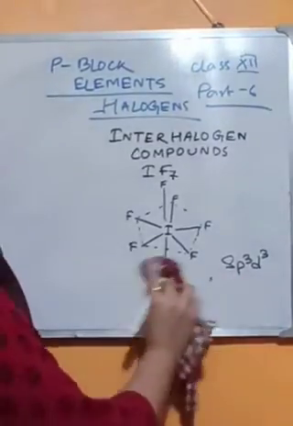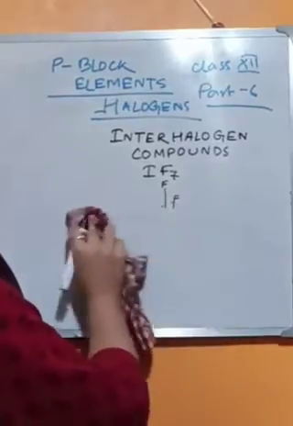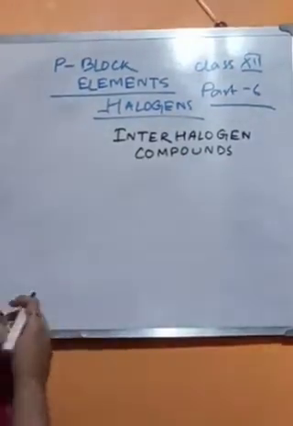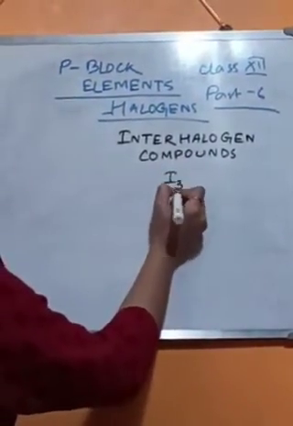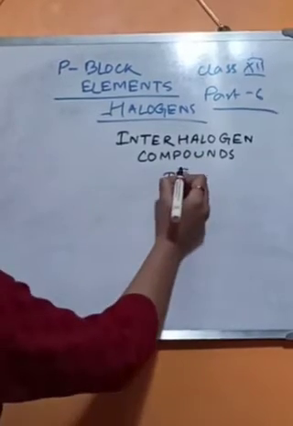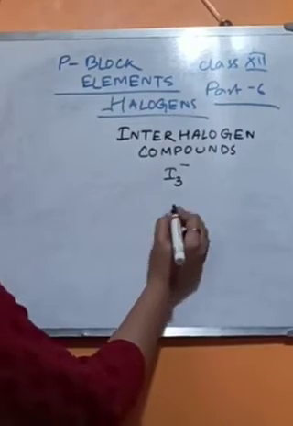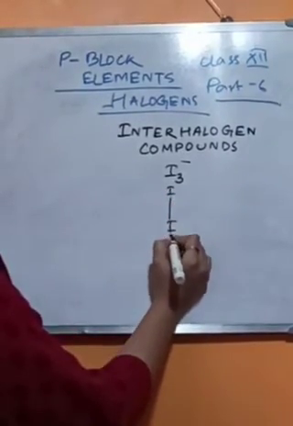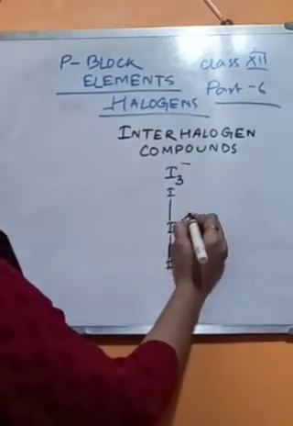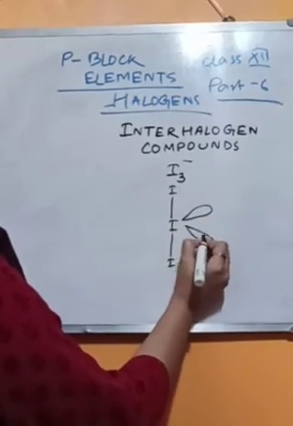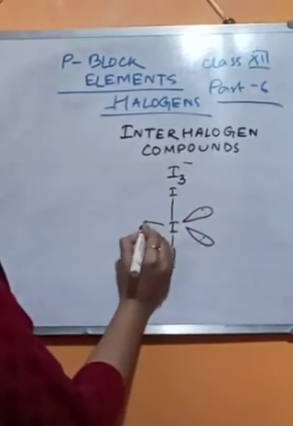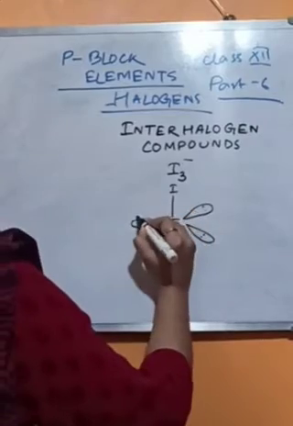The next structure can be of I3 minus. One of the iodines will be the central atom. There will be 3 lone pairs.